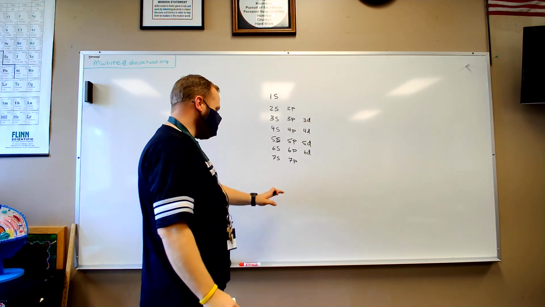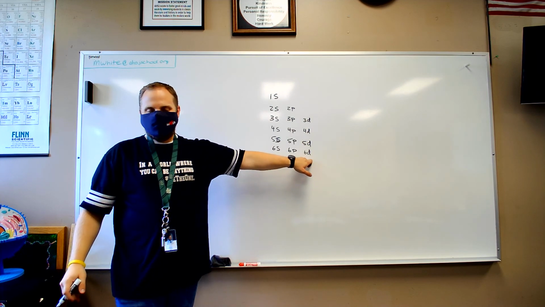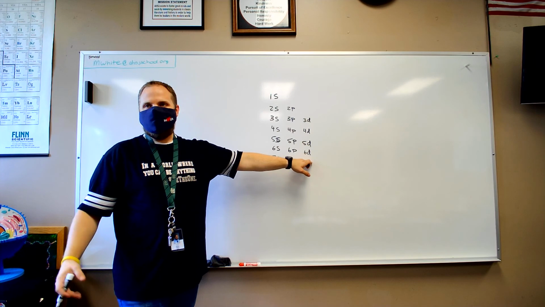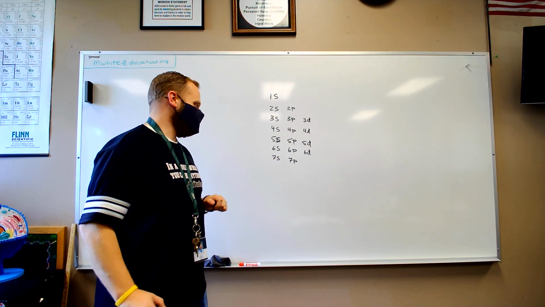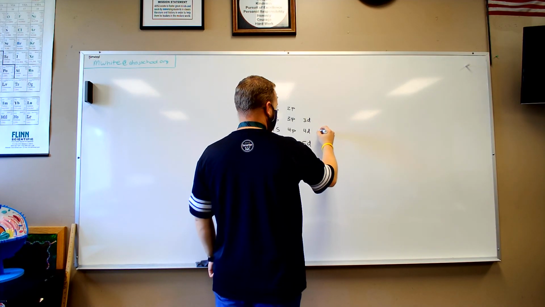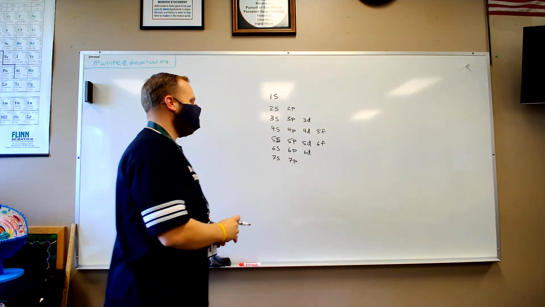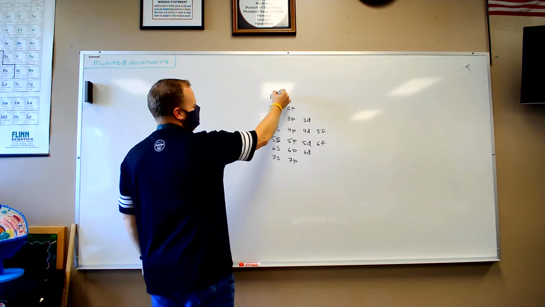Now, we could have a 7, but we don't have any atoms that have enough electrons to get to that level. And then finally we have F. So we start and we go make these diagonals.